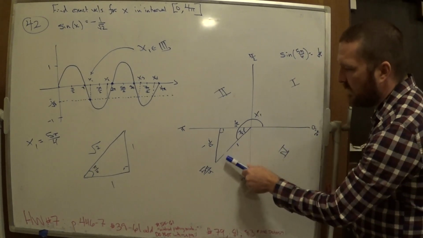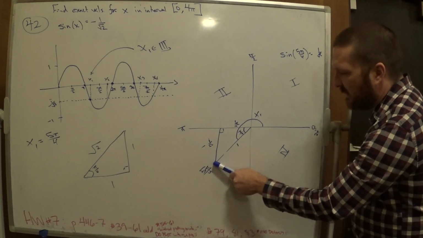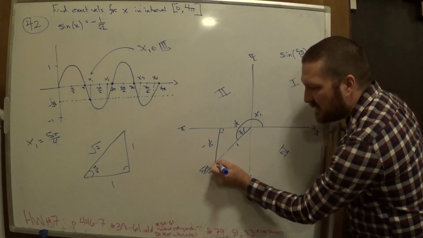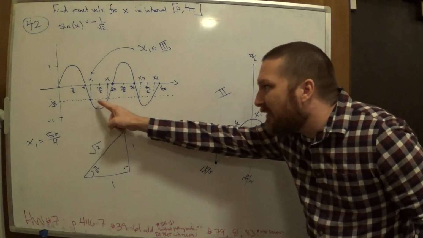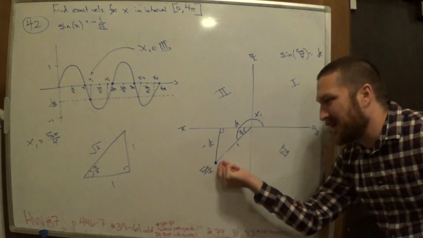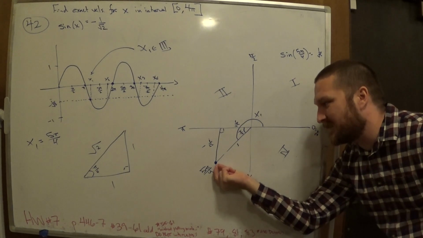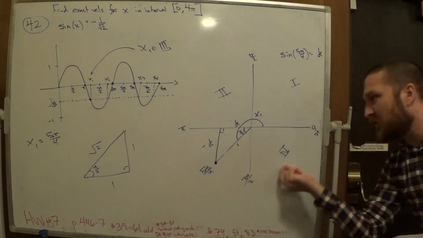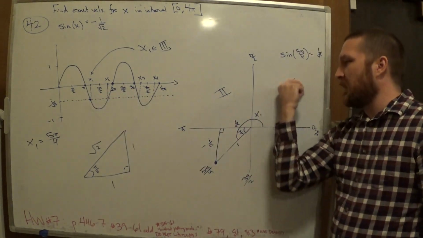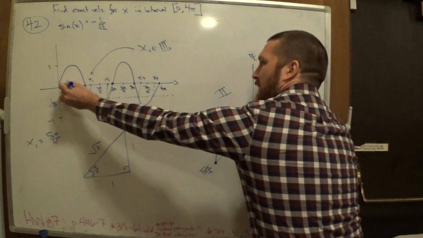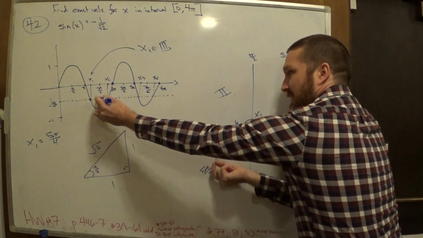Then I could say, since the y value is negative at this point, because remember how this graph got drawn, everything comes down to where this point is on the unit circle. As this went around and got to here, this went up and then came back down to that point right there.